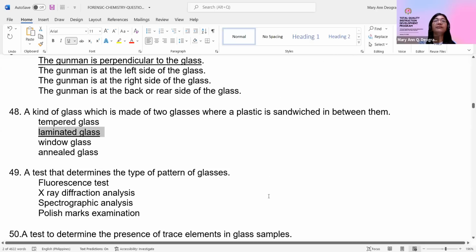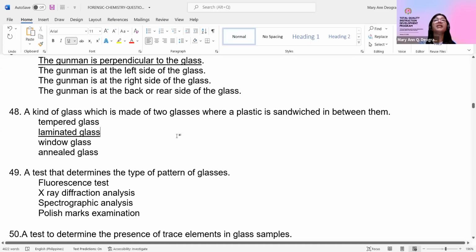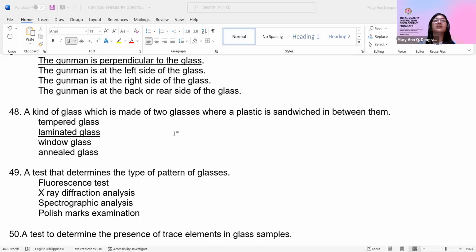May nakakaalam? What's the other term for laminated? Anyone? Ano yung other term for laminated glass?